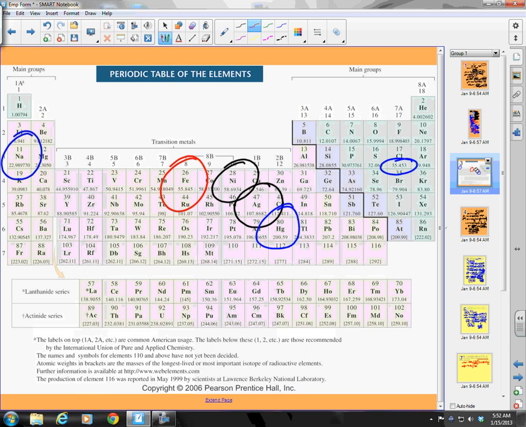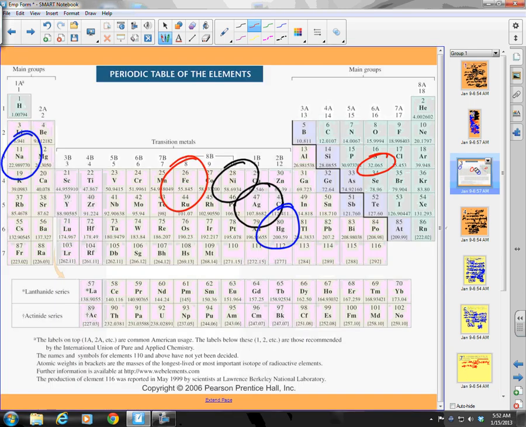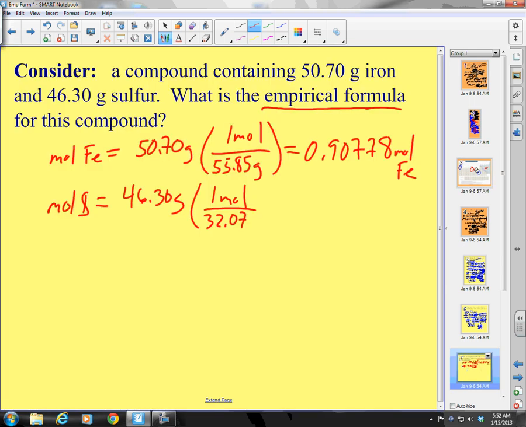Sulfur. 32.06 if we go to 4 sig figs. 32.07, right? I had to say 32.07. Good. 32.07 grams.